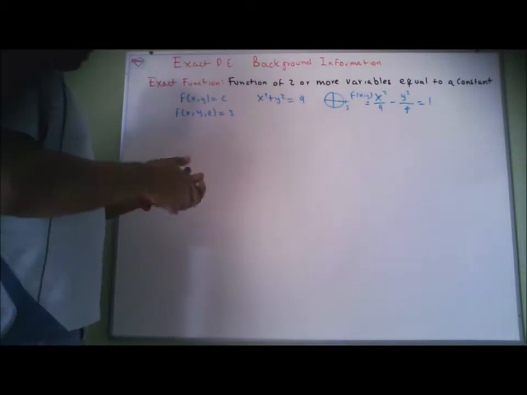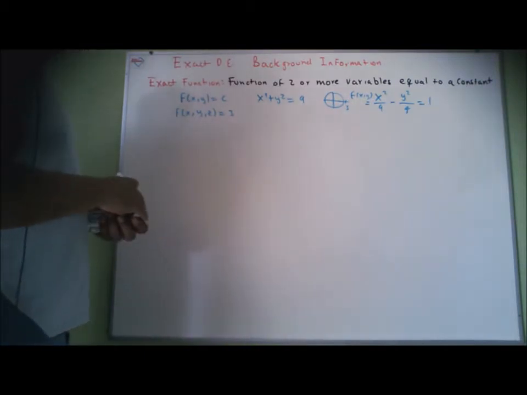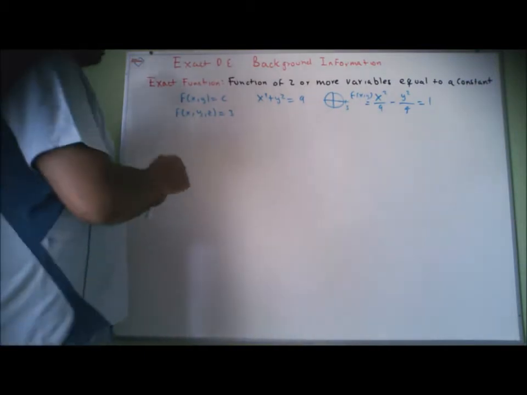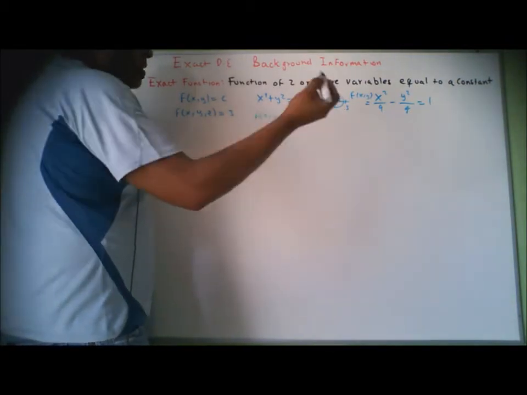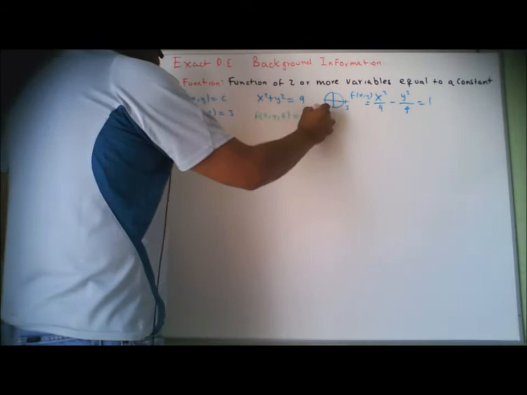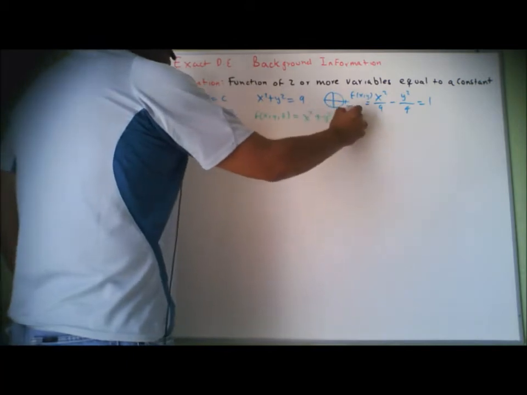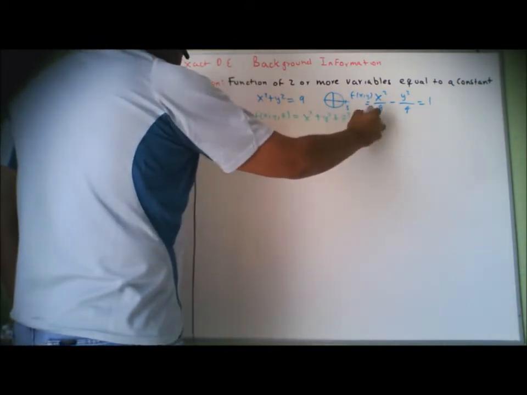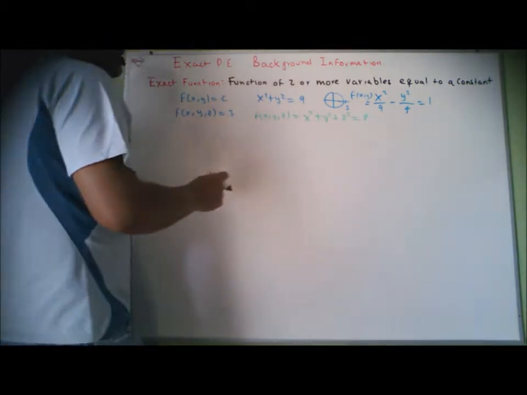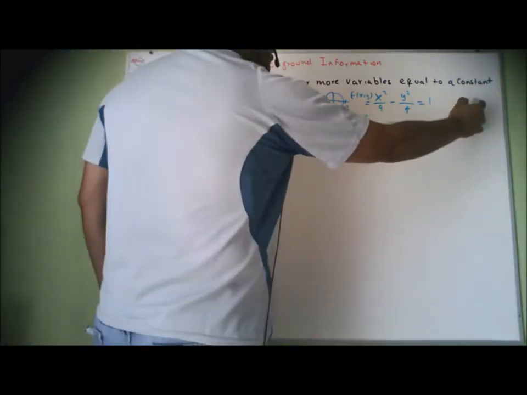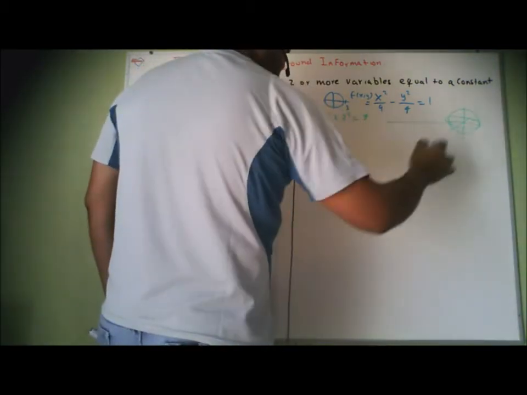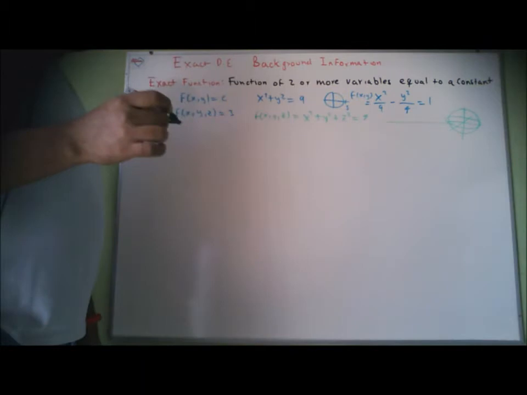For the three variables example, it's very similar. A function of three variables equal to a constant could be this: x squared plus y squared plus z squared equals, let's say, 4. This is a function of three variables equal to a constant, and it represents a sphere in three dimensions.